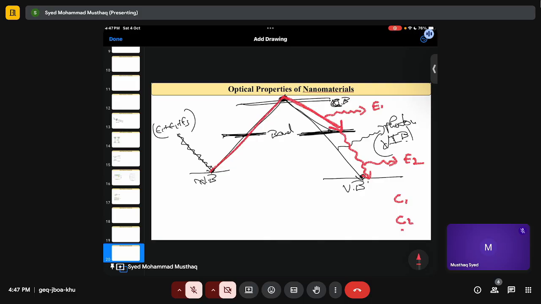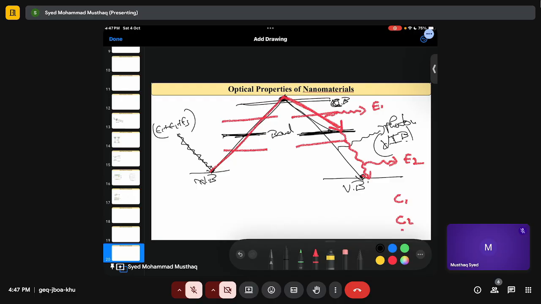It depends upon what type of metal you are doping, because that band gap is getting changed here. And if you change that band gap, you will have a different color. That's it. That is the whole color behavior of the atoms we see.